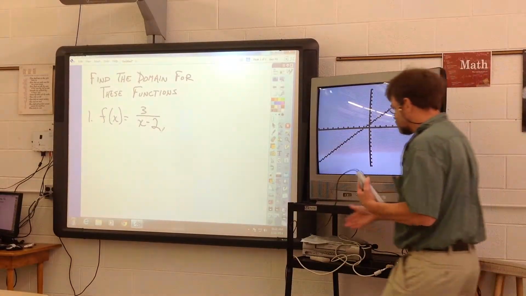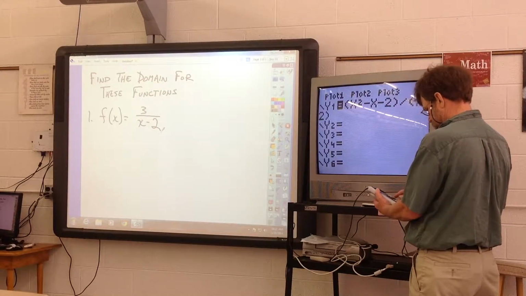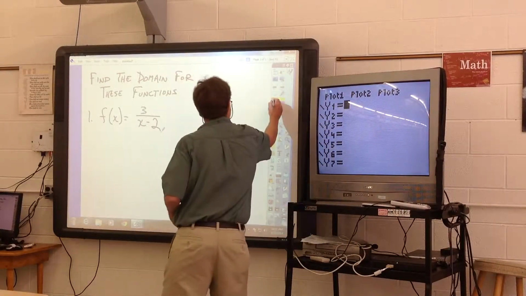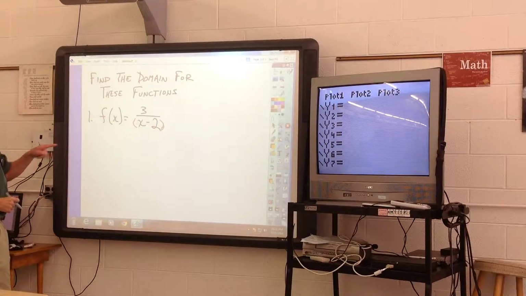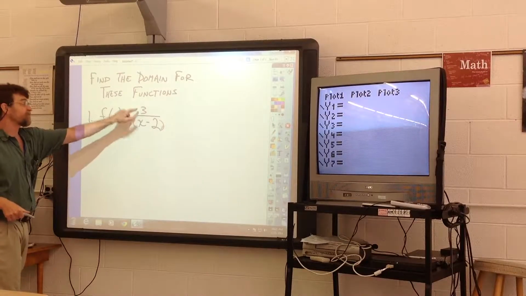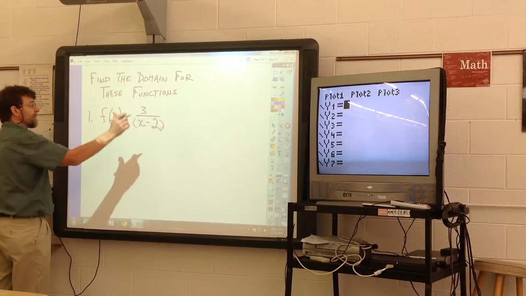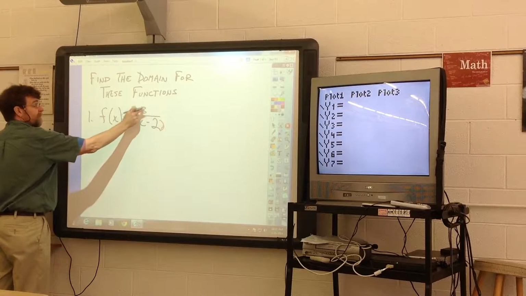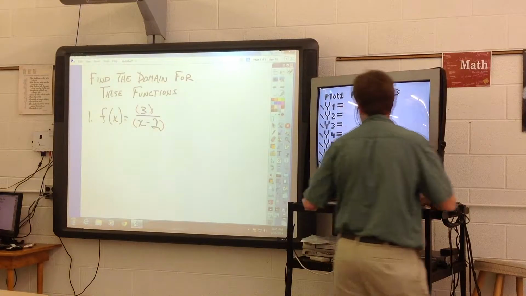You don't have to graph this, but if you want to follow along on your graphing calculator for practice, that's fine. I'm going to enter this. And you always want to remember, when you enter fractions, you've got to enclose the numerator and denominator in parentheses, unless you have the later versions where it comes out as an actual fraction. This is an old one of mine. If you're unsure whether to close it off or not, just to play it safe, close it off. In this case, you don't have to.